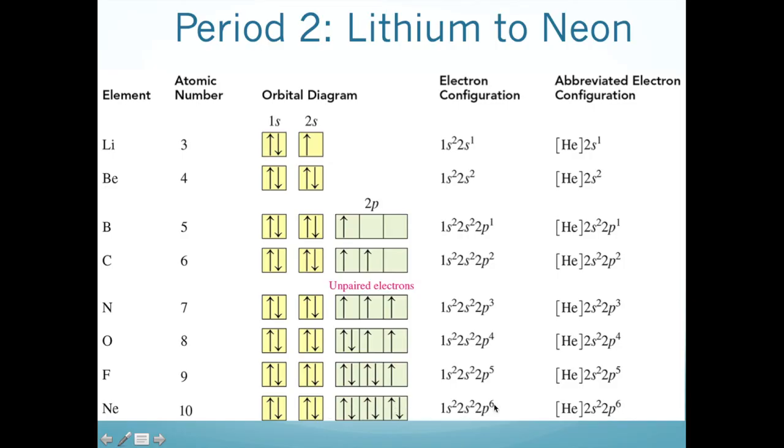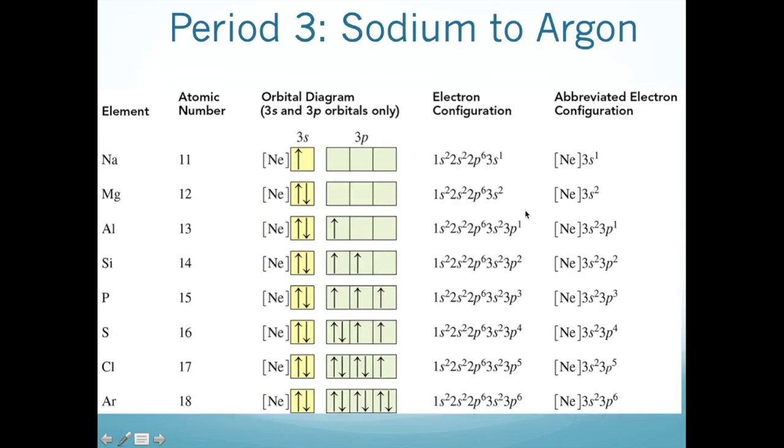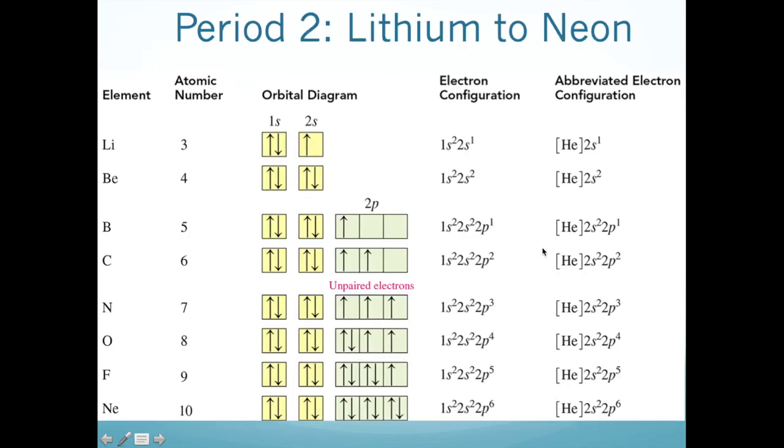By the way, I mentioned the noble gas notation that abbreviates this. Here you can see that I've taken away the core electrons of helium found in that 1s2 orbital, and I've swapped it out for the symbol for helium.